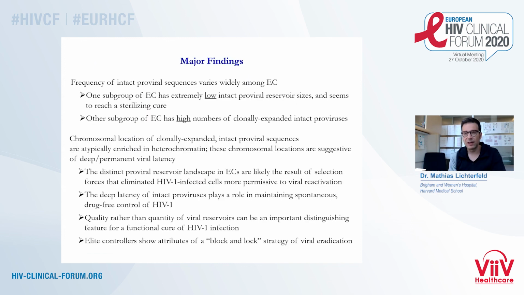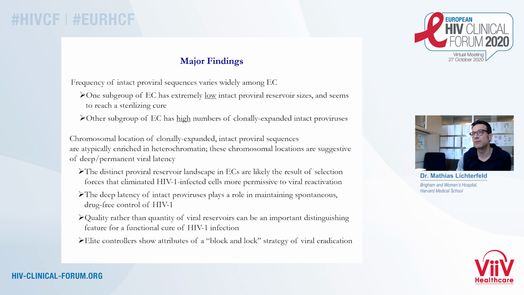So just to summarize the major findings of this talk, what I've shown you is that there is one subgroup of elite controllers who have extremely low levels of intact proviruses, and one particular person who may actually have achieved a spontaneous sterilizing cure of HIV. But there's also a second subgroup of elite controllers that have relatively high numbers of intact proviruses, which may sound paradoxical to start with, but what we show is that it's really about the positioning and the location of these proviruses.